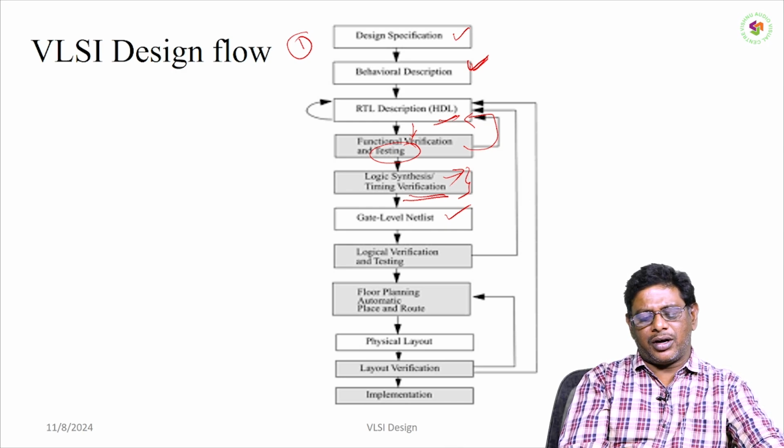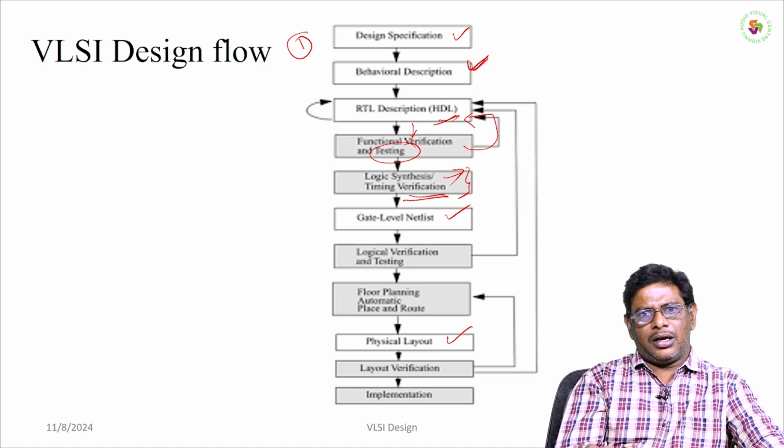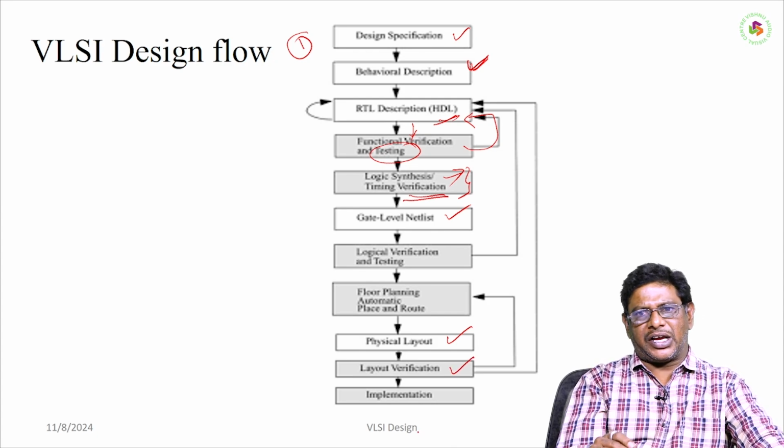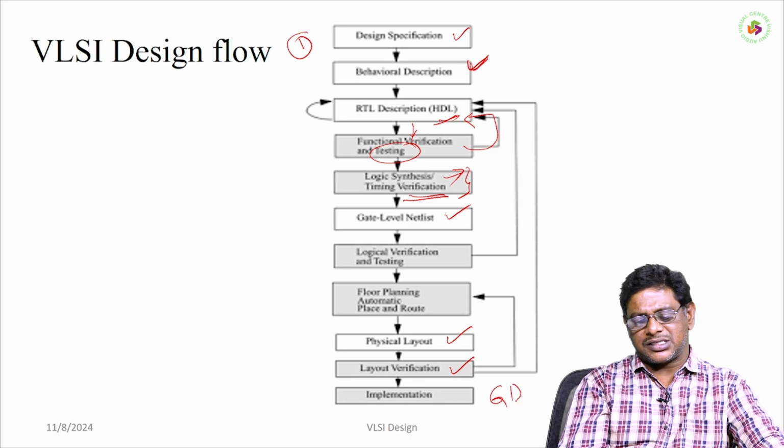Then finally we are moving on to the physical layout and we are going for testing of it. So placing all the components at different places, making interconnections across them and verifying the functionality will give you exact layout verification. Then implementation. Finally we are implementing this design in the form of a GDS II model.